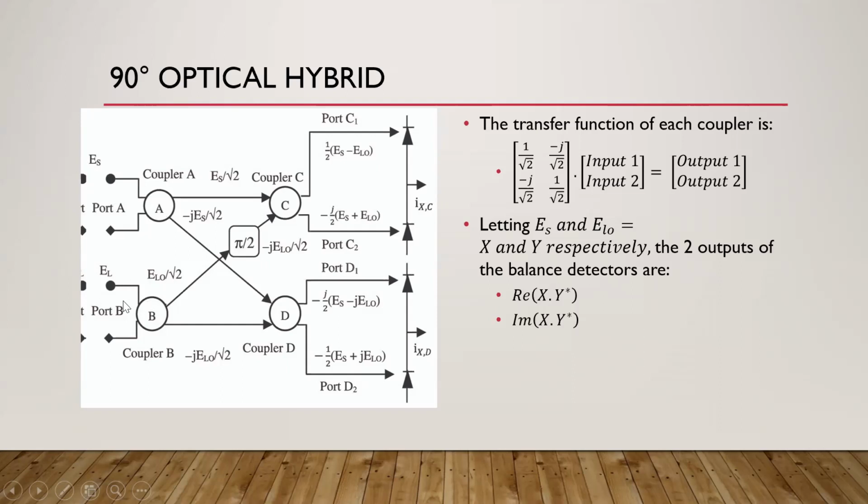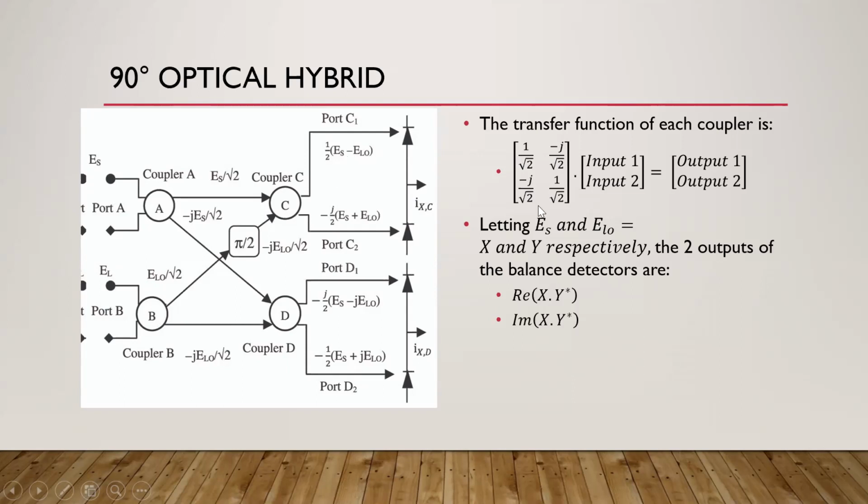And on coupler B, we've got Y on the top and 0 on the bottom. If we follow those through and multiply them each time by this transfer function, we get the outputs described in the slide here. So a half, in our case, X minus Y, or ES minus EL in this case. And then those feed into a photodetector.